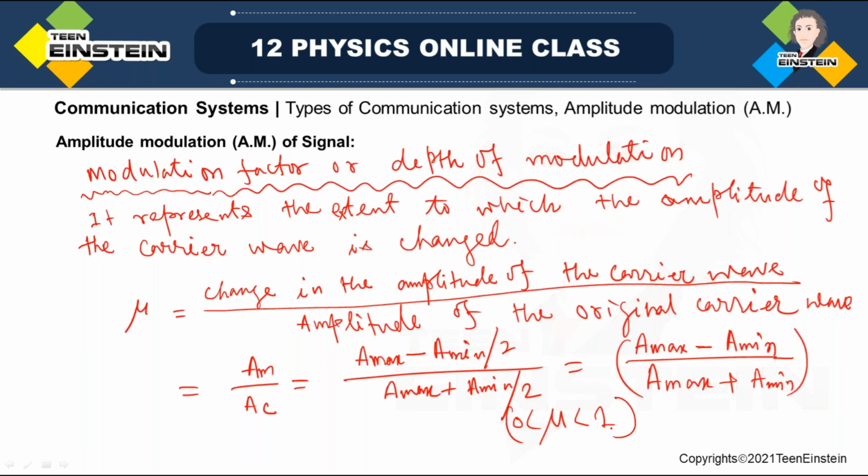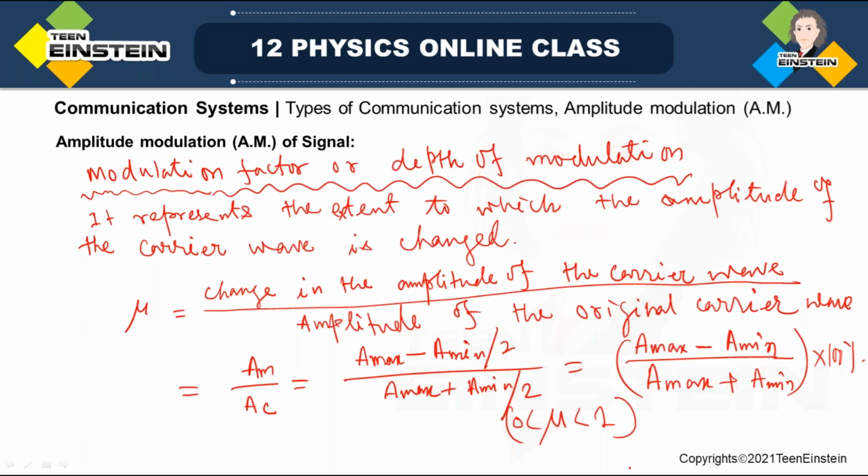Okay, this is the modulation factor or depth of modulation. Sometimes if you want to express it as a percentage, you just multiply by 100 and you get percentage modulation. So (A max minus A min) divided by (A max plus A min). A min is the minimum amplitude.